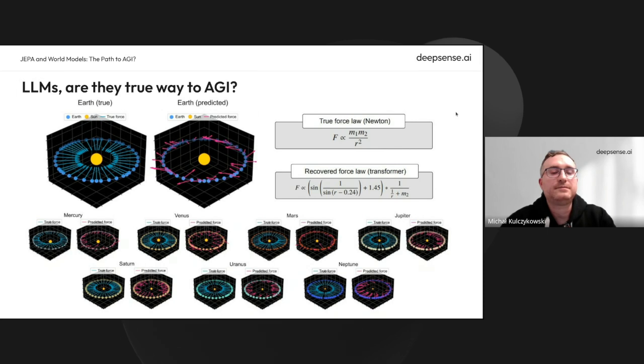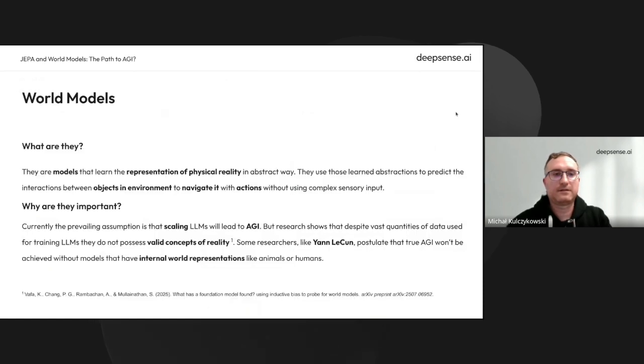But when this LLM was probed for the law, it generated something very weird and confusing, the thing here in the middle. So what happened? LLMs, as we see, don't really possess good world models.